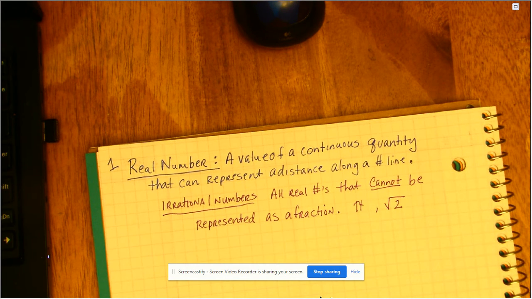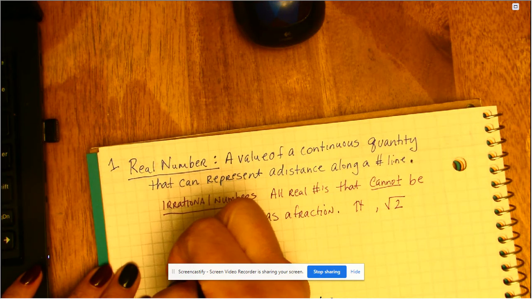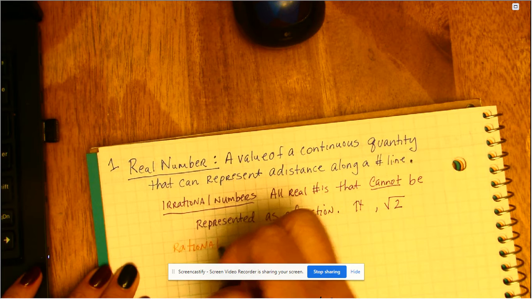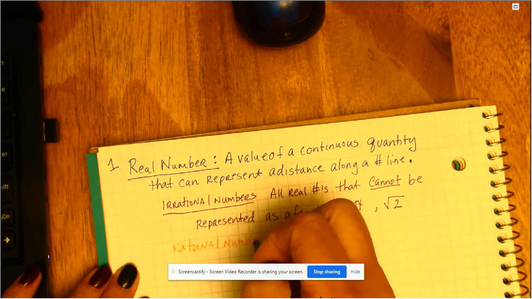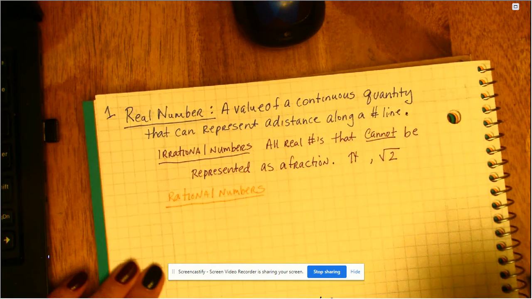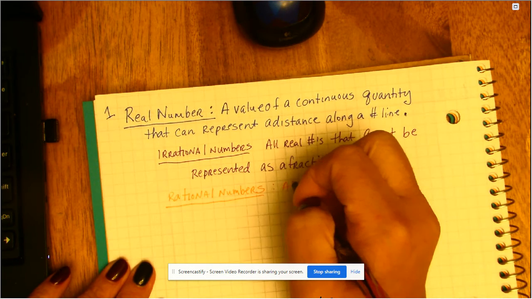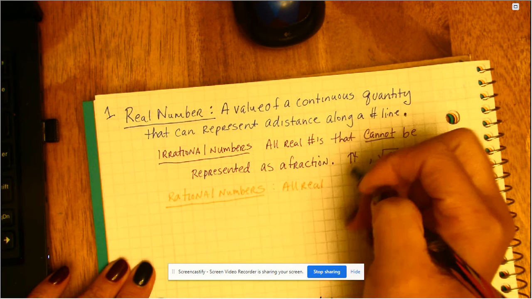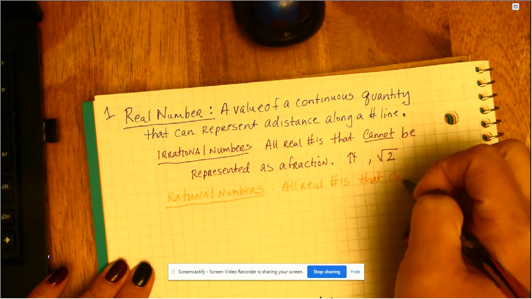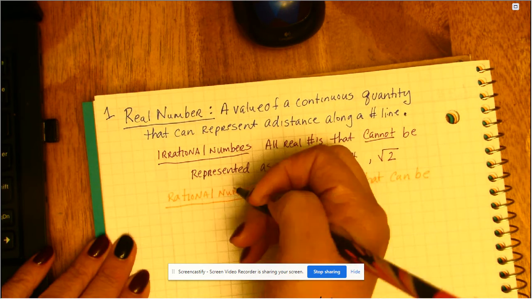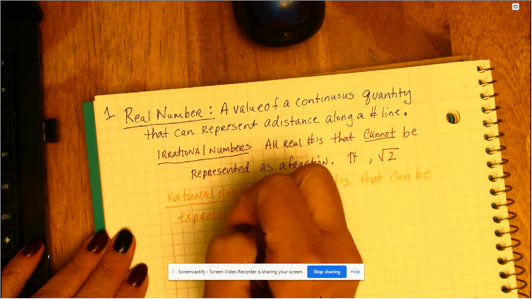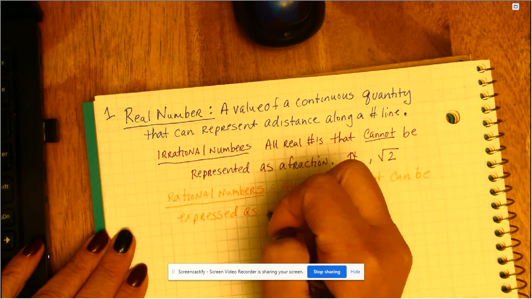So the second part that real numbers break into are what's known as rational numbers. And rational numbers are all real numbers that can be expressed as a quotient.